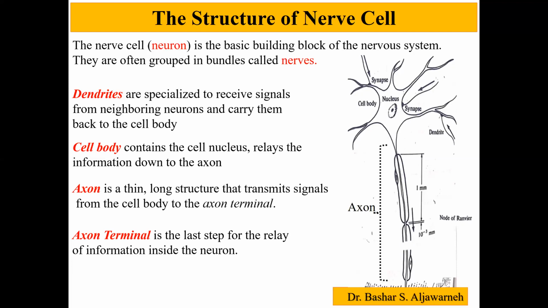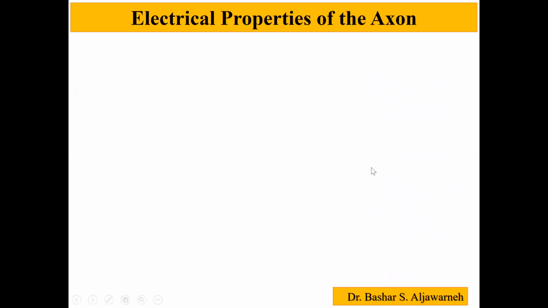The information can be transferred through this terminal to the next neuron. Now, we are going to discuss the electrical properties of the axon.